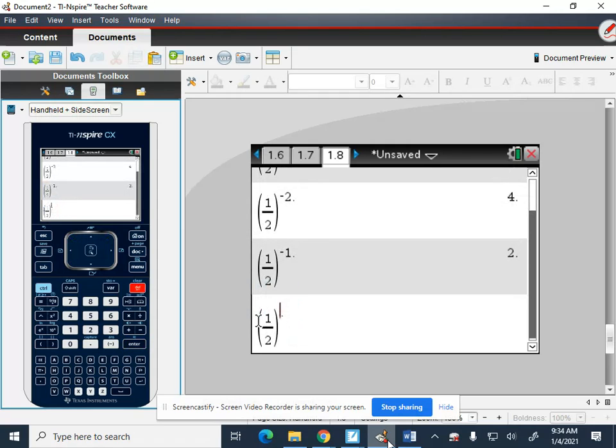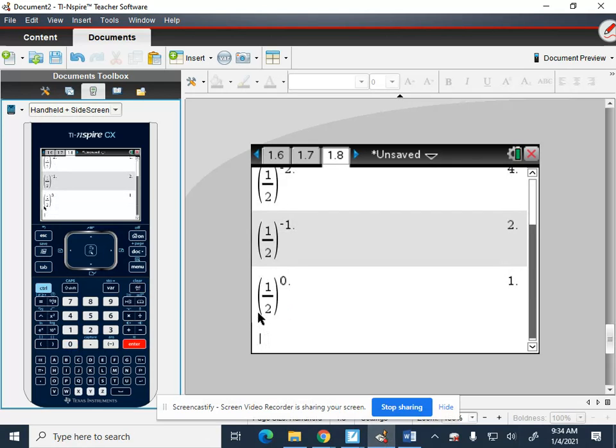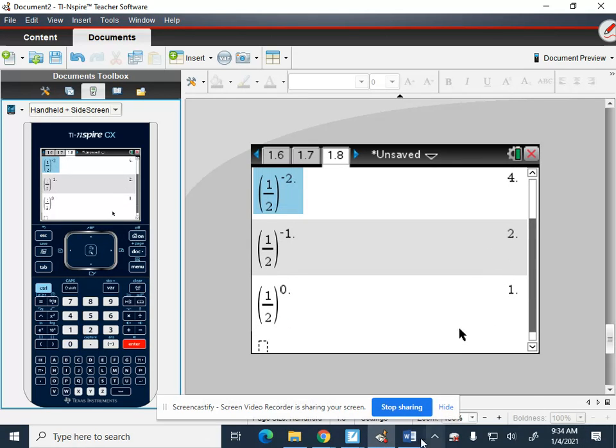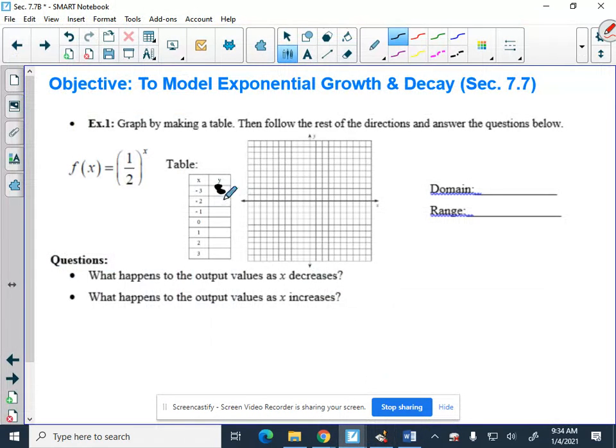We know anything to the 0 power is what? 1. Okay, so it should go 8, 4, 2, 1. Notice how it's dividing in half every time. That should make sense when you look at the formula because it's going to be half as big. So what it is doing is it's decaying.